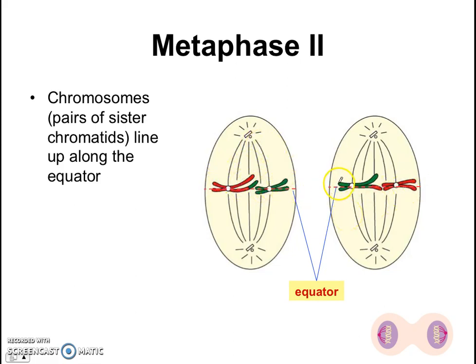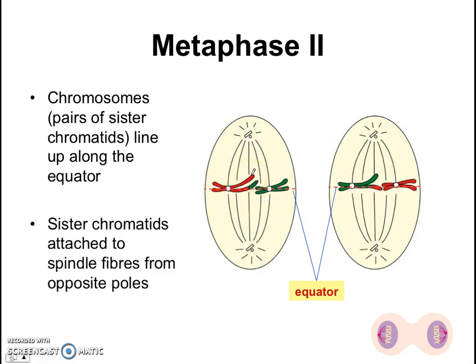Right, so this is very similar to metaphase in mitosis, except with half the number of chromosomes. So we're getting ready to separate the pairs of sister chromatids. So the sister chromatids are attached to spindle fibers from opposite poles, right? So in this pair of sister chromatids here, one chromatid is attached to spindle fibers from this pole, and the other chromatid will be attached to spindle fibers from the other pole.